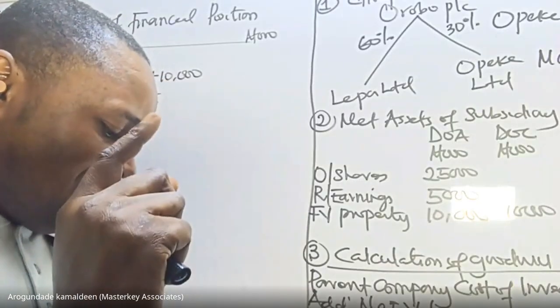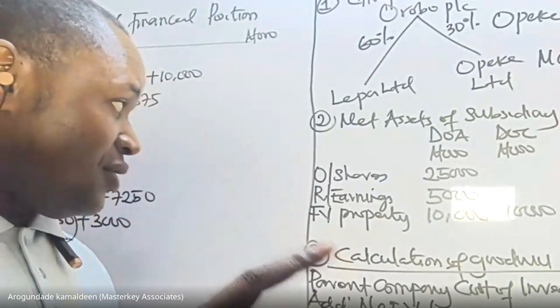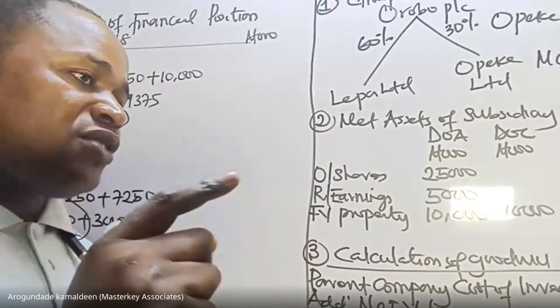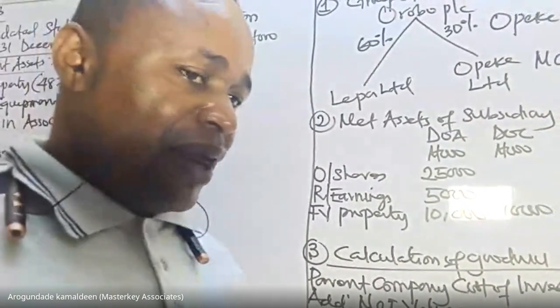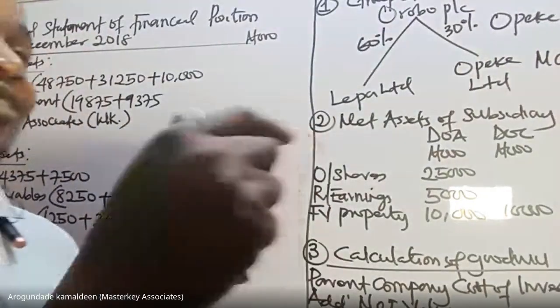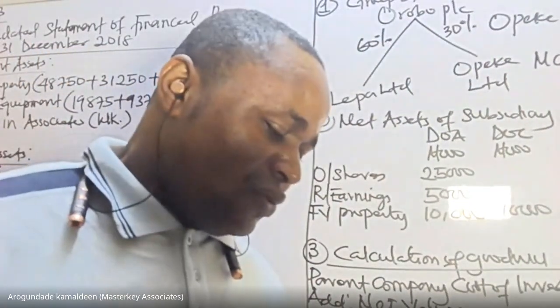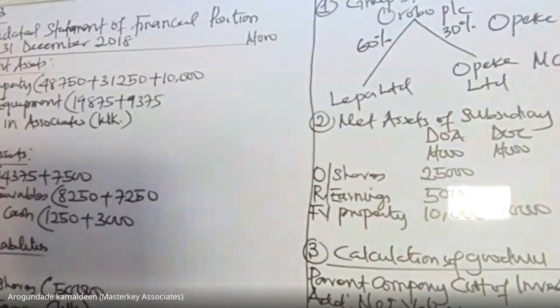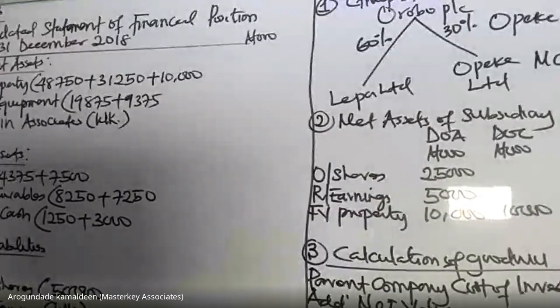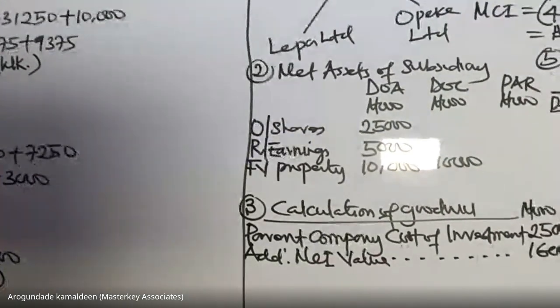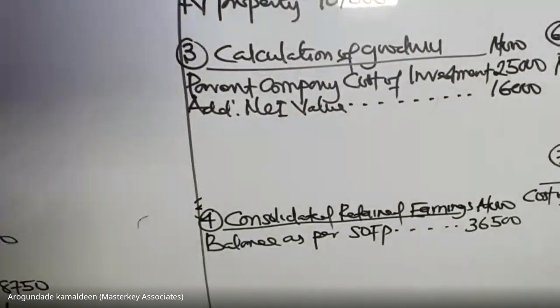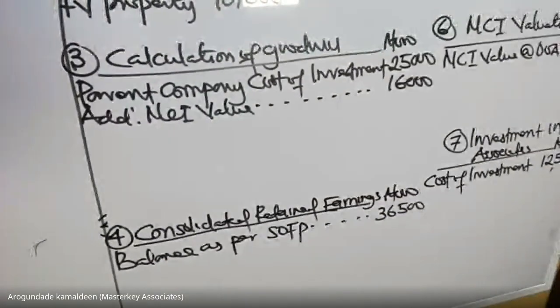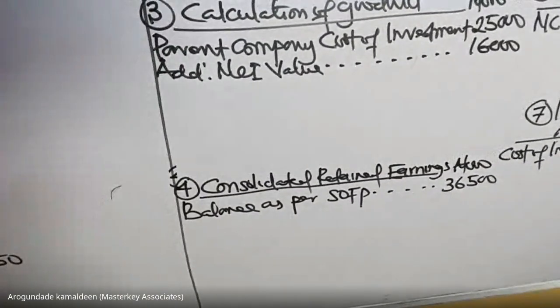This property consists of building and land, and they are saying 50% of the value is for building and 50% for land. Our extra depreciation on that fair value surplus shall be based on the portion of the building alone.